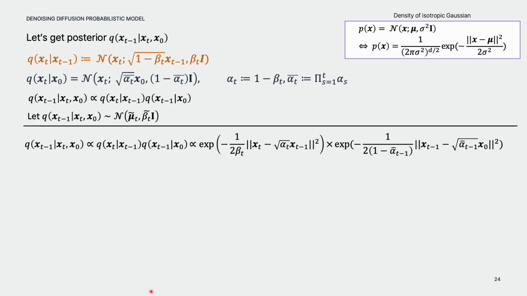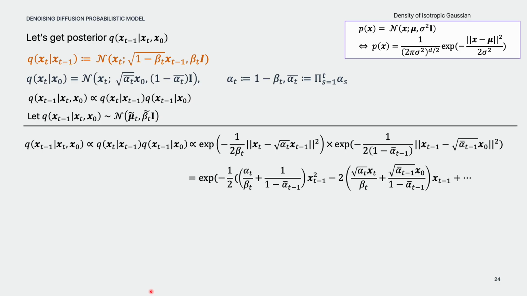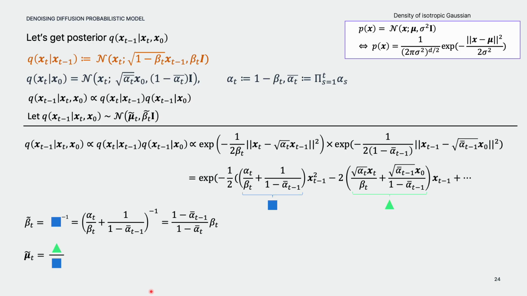So from now on, it's just math. We know the formula for Gaussian density. So if you do just the math, you will get the beta tilde t and mu tilde t. I will skip the details in the talk, but I think you will get the essence from this slide.